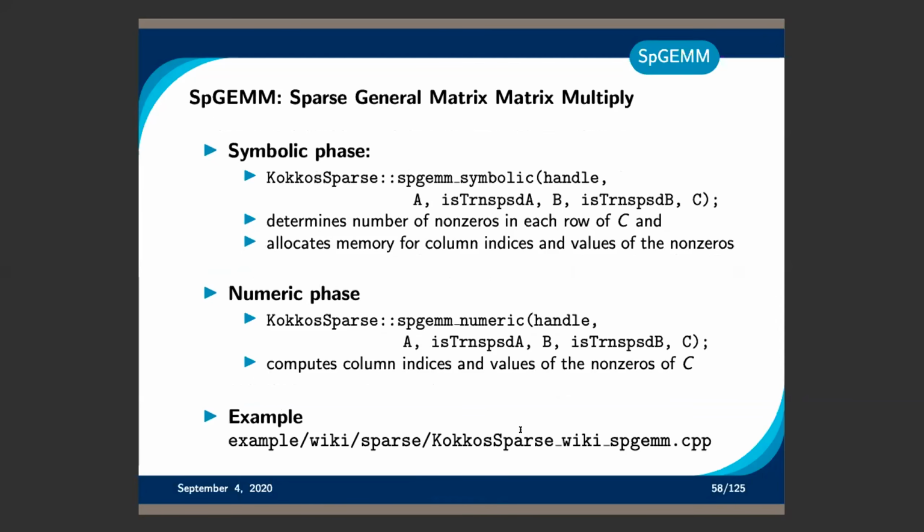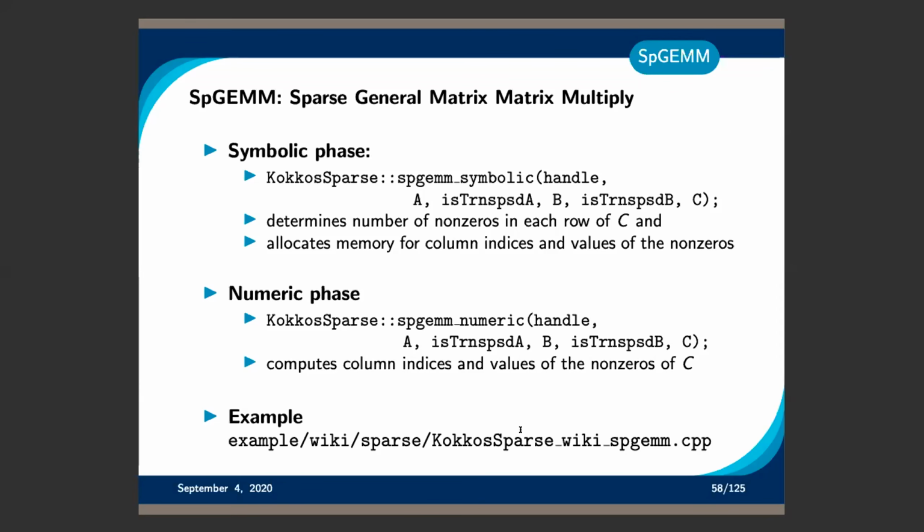Here are the two phases: a symbolic phase, Kokkos sparse SPGEMM symbolic, which requires a handle again, and then matrix A, transpose flag for A, matrix B, transpose flag for B, and C, the output matrix.